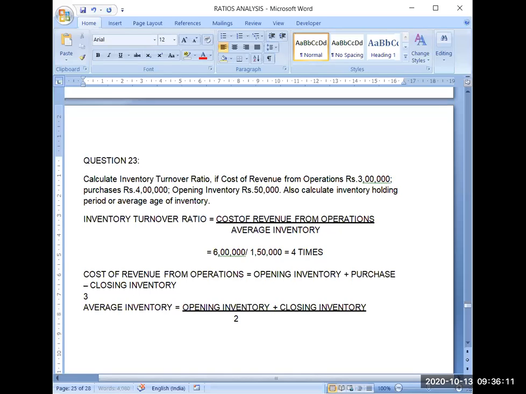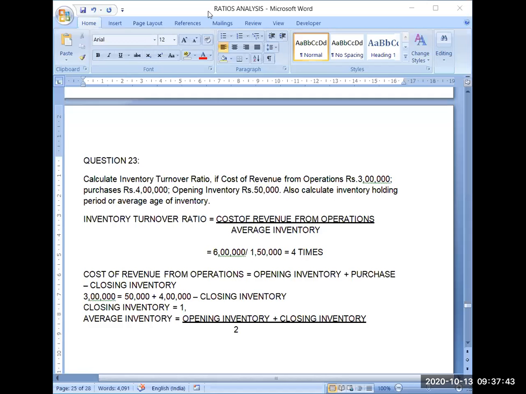So now closing inventory will be equal to 1,50,000, because it will come that side and 3 lakh will come this side.